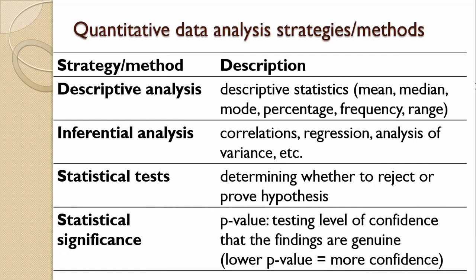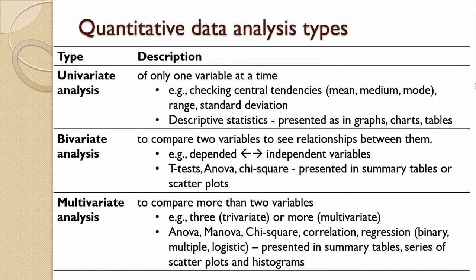And then you have statistical significance, where you check the p-value, and the p-value tests the level of confidence that the findings are genuine. So the lower the p-value, the more confident you are that the data is really genuine.